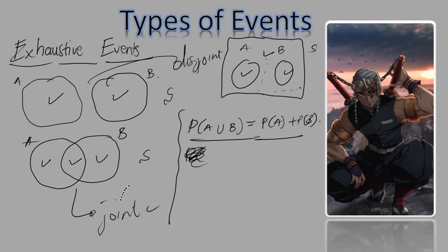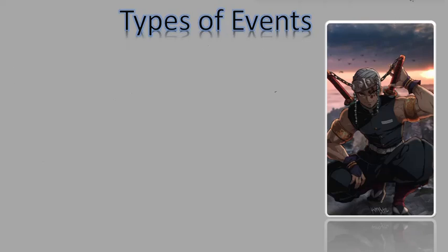There are two types of exhaustive events: the ones where the circles touch and the ones where they do not. But these two events don't have any items outside them. It's either in A or in B and nowhere else. Be good? Now, the last one is complementary events.